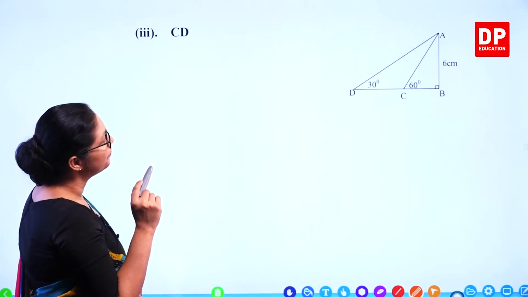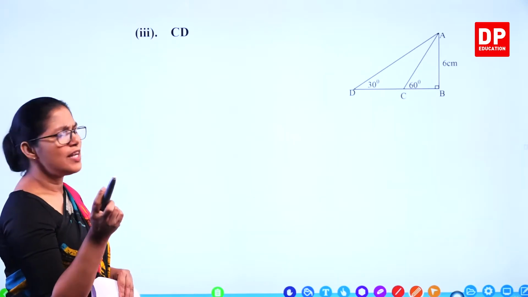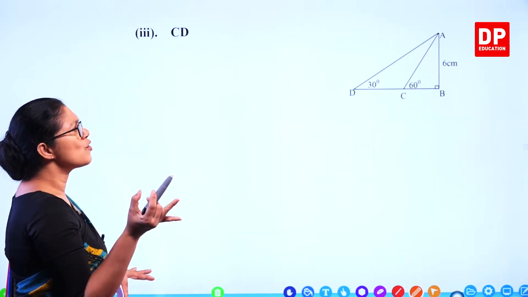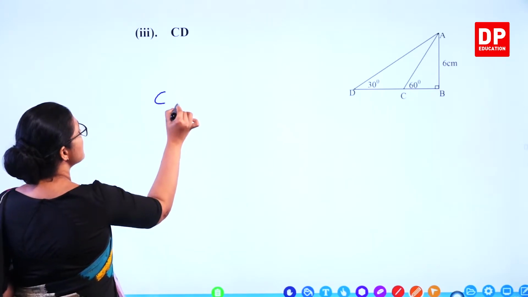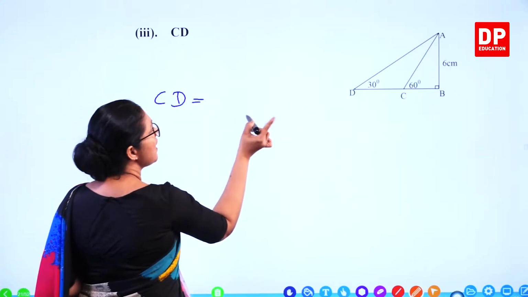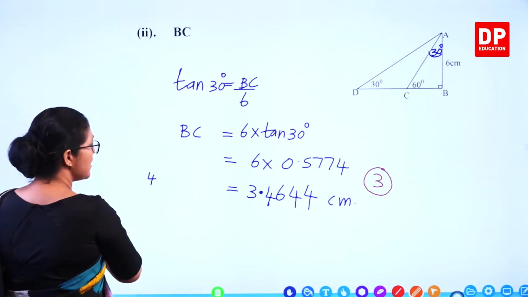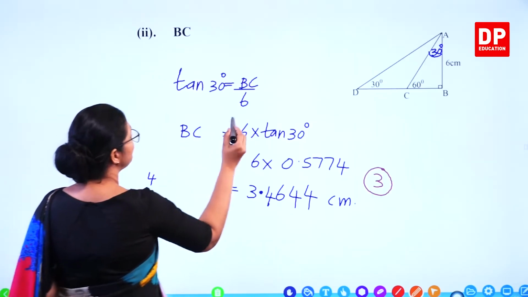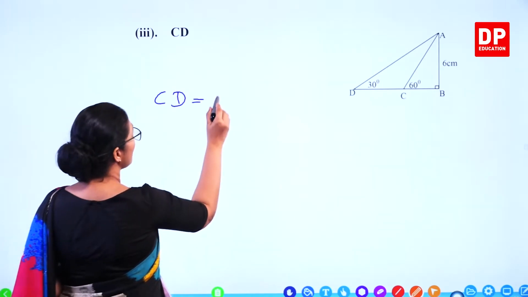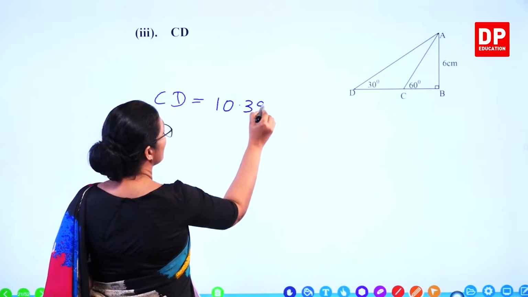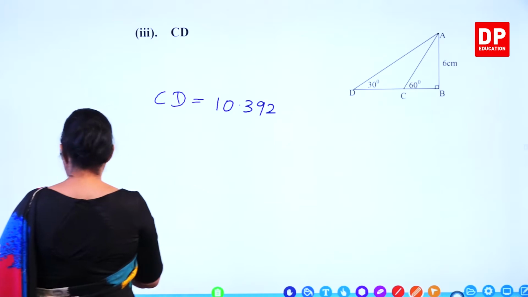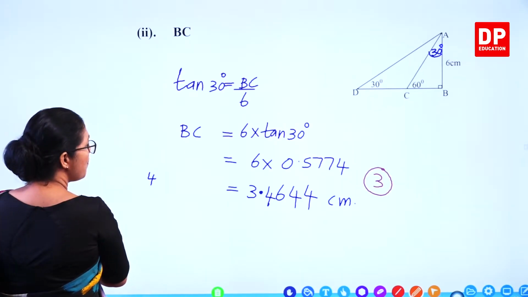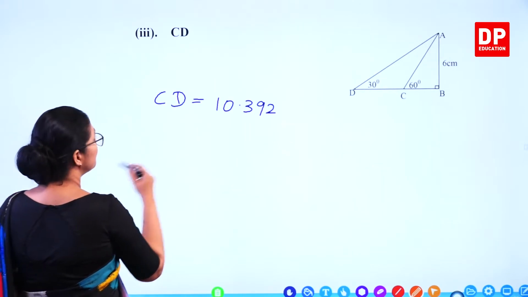CD now. Do you need to use the tables? Now we found BD, we found BC. So what's CD? It's just the subtraction. So we can subtract the two values. So what's the value? 10.392 minus 3.4644.